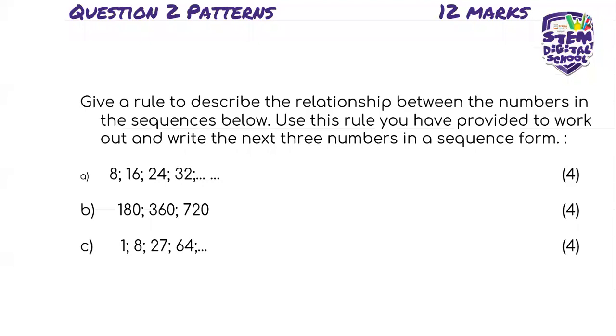What we've done here, I see Unkabetse has already found the next 2. And you say it is 40 followed by 48, right? Now, I'm sure for you to come to this conclusion, you must have worked out a rule. What is the rule that you came up with, Unkabetse?